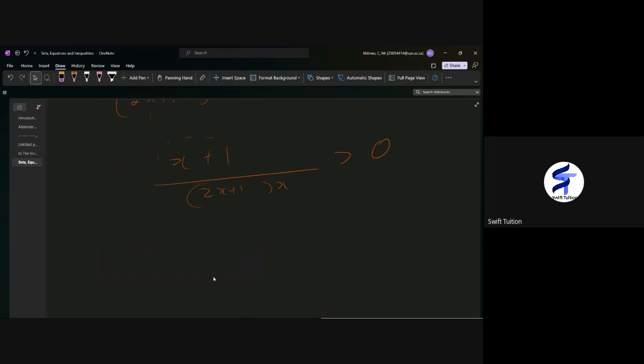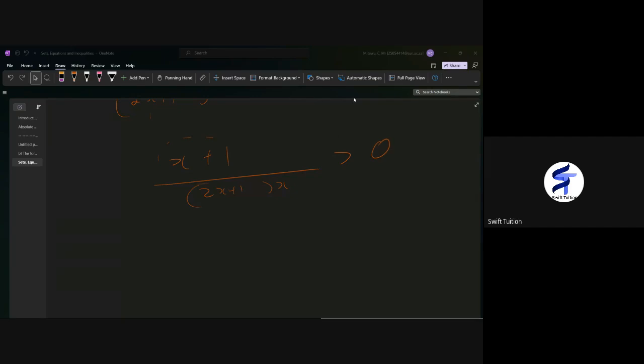But you'll notice in this specific case, the denominator and the numerator can both be positive, or both be negative. In both of those cases, where they are positive at the same time, or negative at the same time, the entire expression is going to be positive.